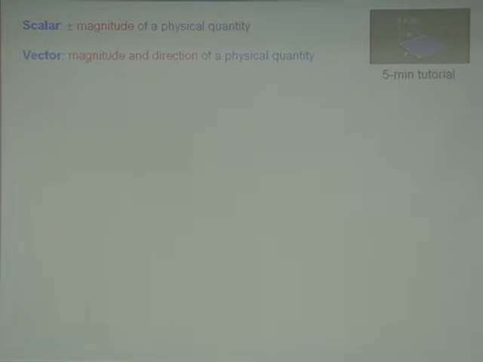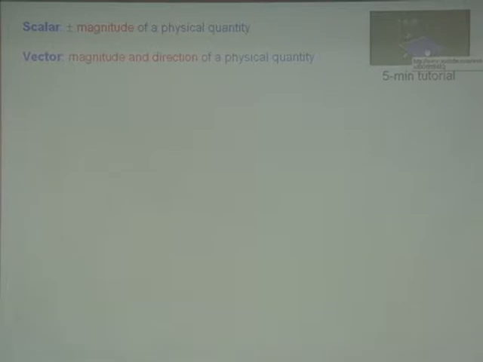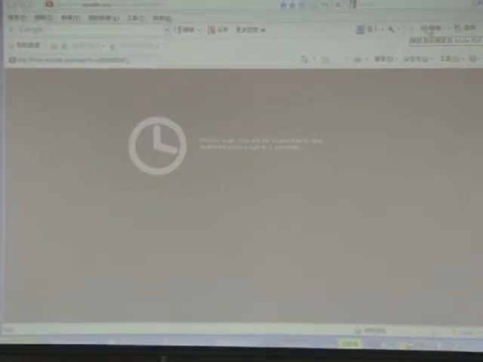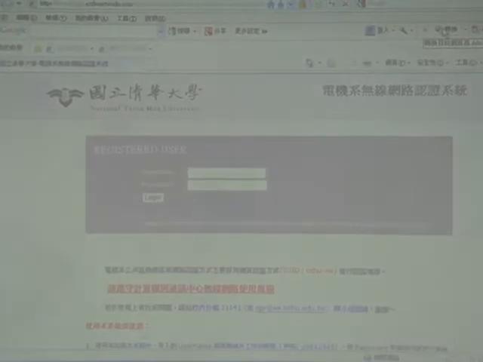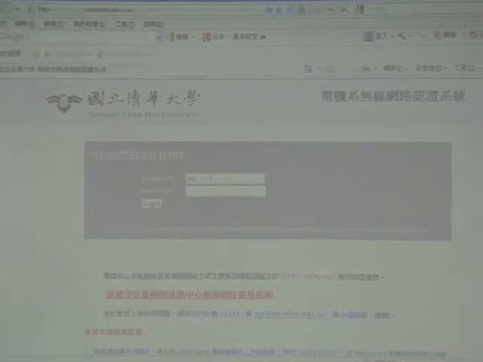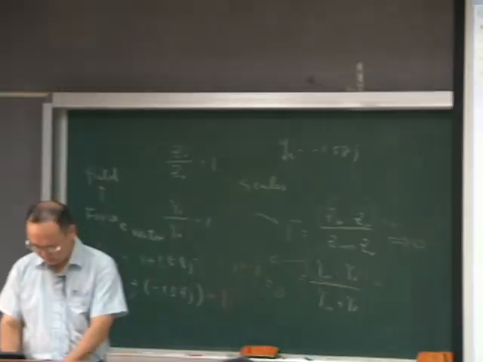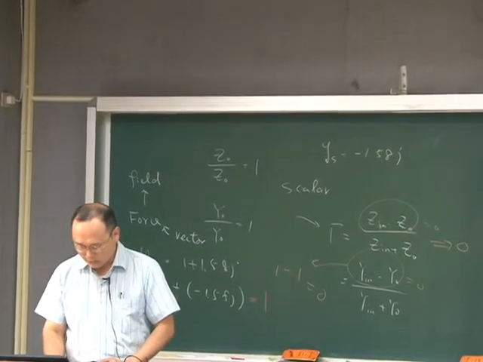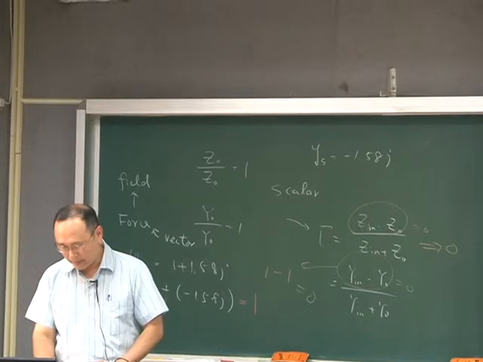I just want to sort of wake you up and sort of start the concept of the vector. 让你开始能够了解。Well, this tutorial is going to be very, very simple.